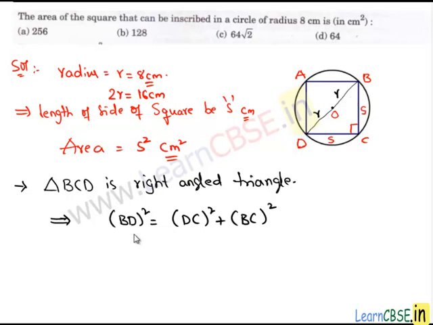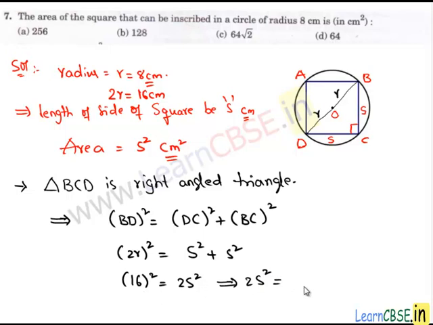BD is the diameter of the circle, which is 2r whole square, and BC and DC are the length of the side of the square, which is S. So we have S square plus S square, and we have the value of 2r, which is 16 centimeters. S square plus S square is 2 times S square. 2S square is equal to 16 square. 16 square is 256.